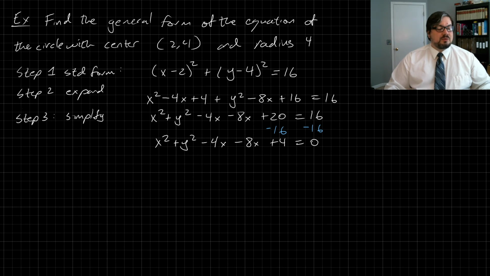The next question that we would want to ask is, all right, well, assume that we start with an equation in general form, how do we actually find the circle? How do we graph that circle?